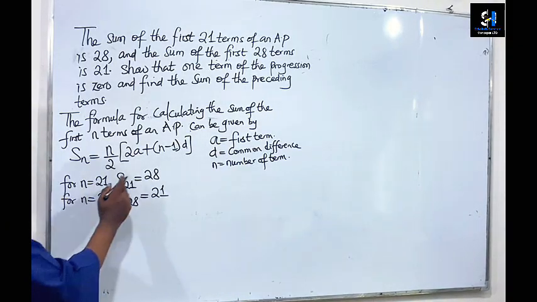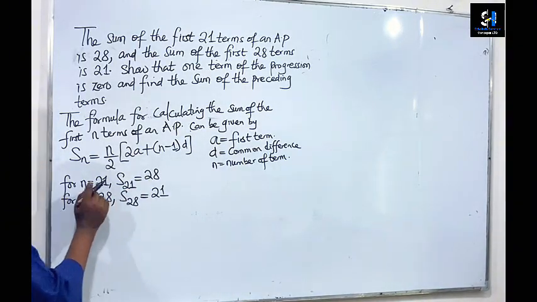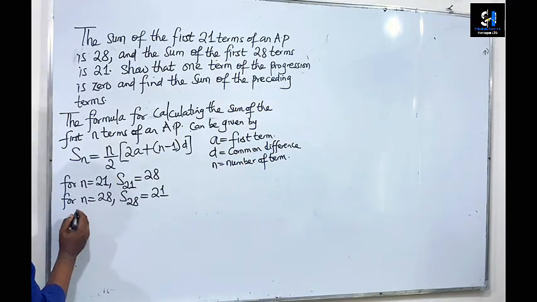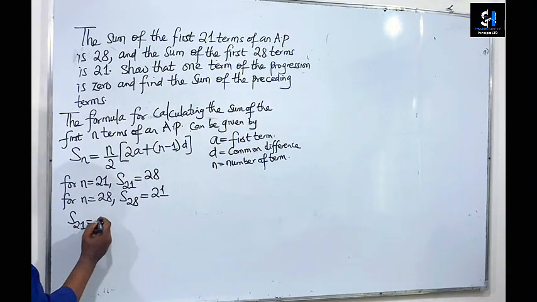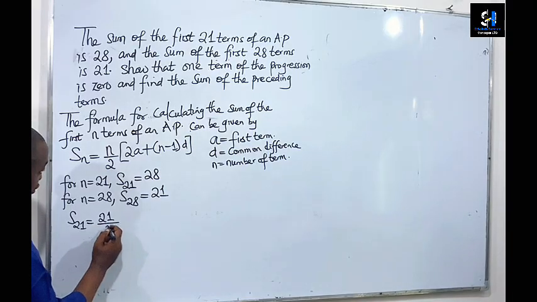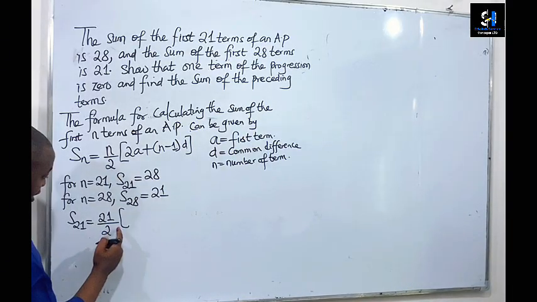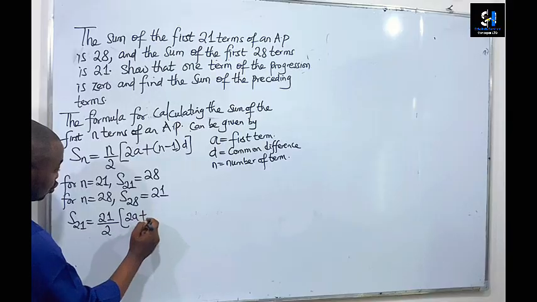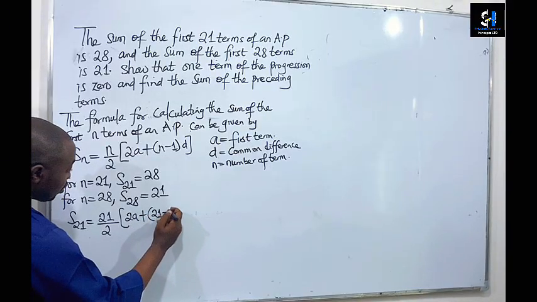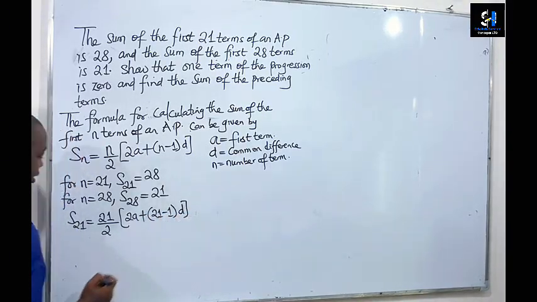We know that S subscript 21 will be 21 over 2 using the formula, open square bracket 2a plus 21 minus 1 times d.